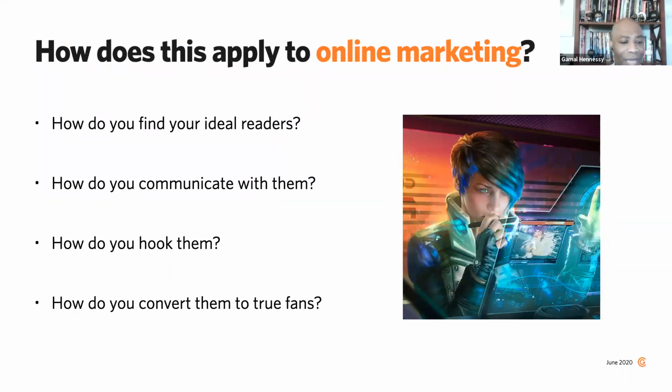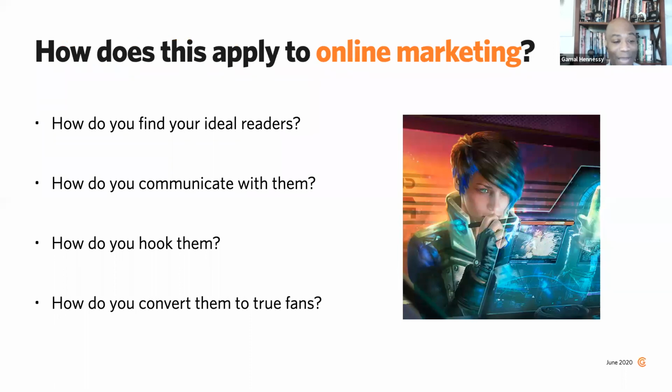Now that you understand who your ideal readers are and what they want, you have an advantage when it comes to marketing to them online. See, because the granular subcultures that people divide themselves into online, the topics they follow, the people that they listen to and trust, the things that they buy and the sites that they visit can all help you find your target market.